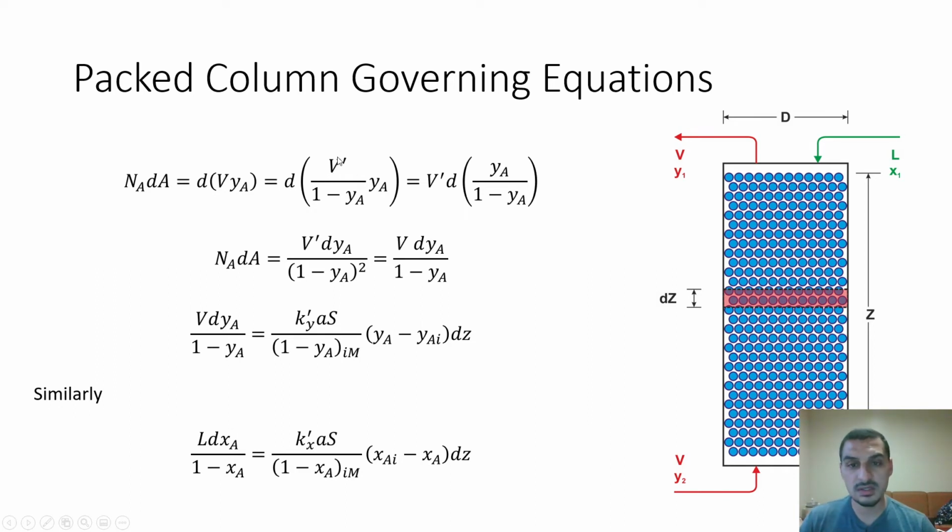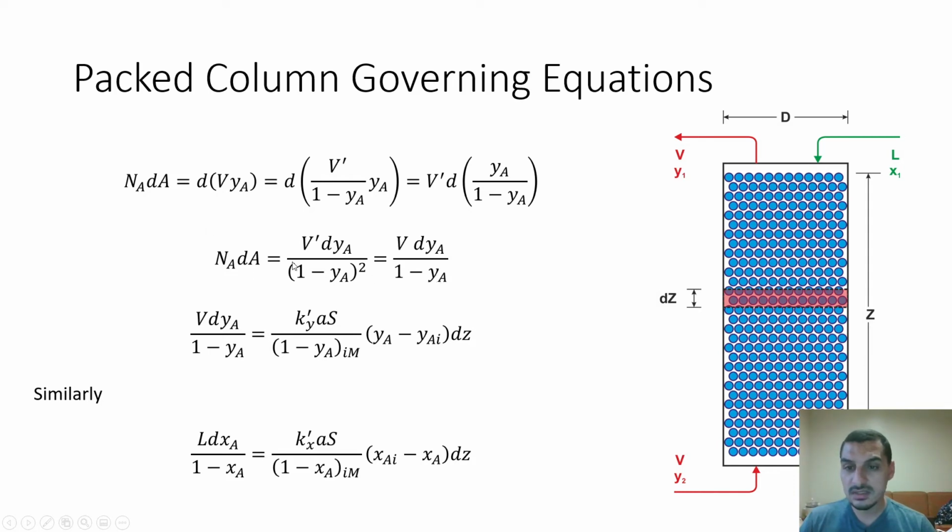Now V dash is a constant, so I can take it out of the differentiation, and I will end up with d of y_A over 1 minus y_A. The differentiation of this term equals dy_A over (1 minus y_A) all to the power 2. And I can now reverse what I did. I'm going to take V dash over 1 minus y_A and put it as V, and then I'll end up with dy_A over 1 minus y_A.